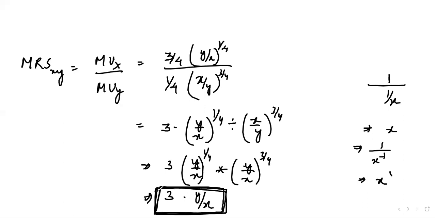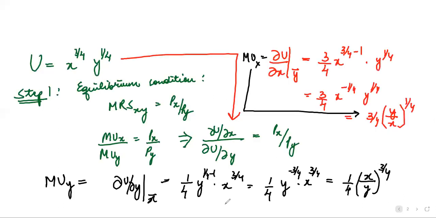Now, I am going to show you later how to derive MRS XY. It is very simple. We'll do one question where I'm not going to take fractions, but I'm going to solve the general question, which is u is equal to x to the power a and y to the power b.